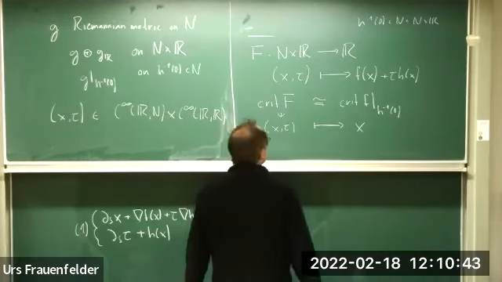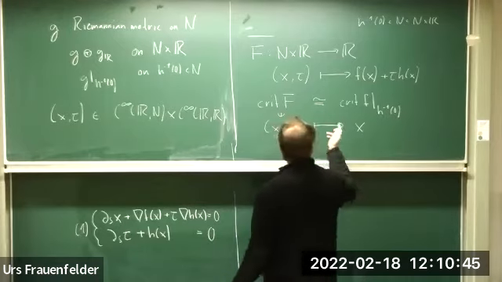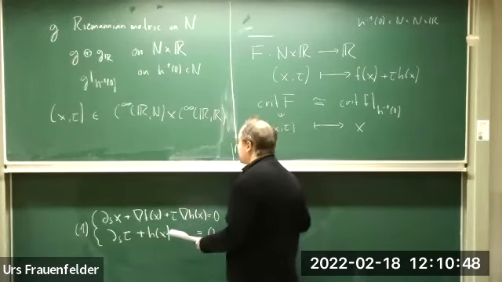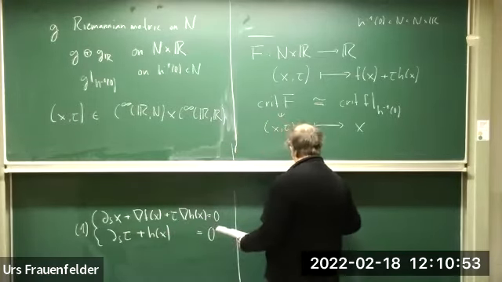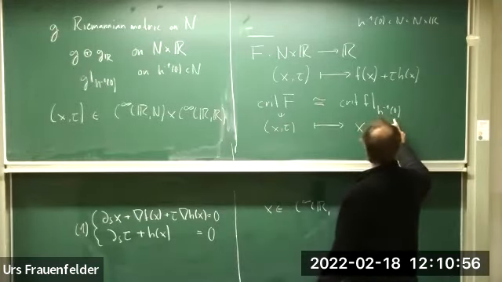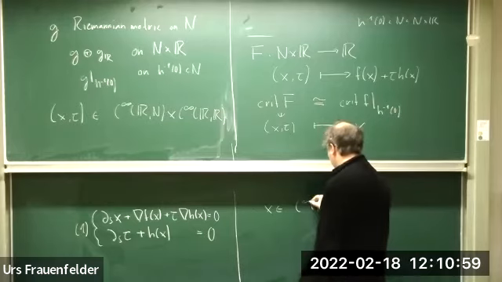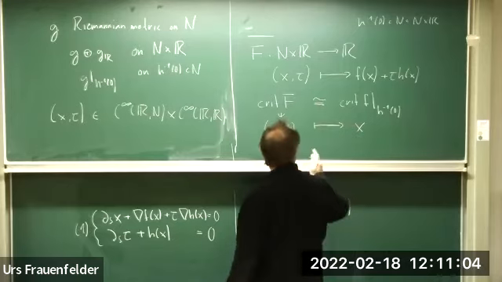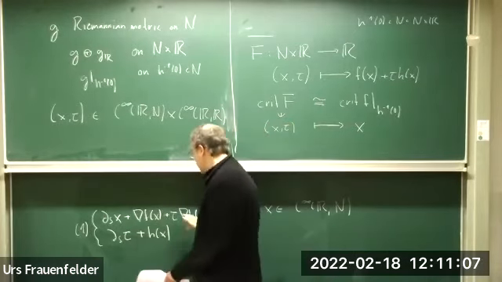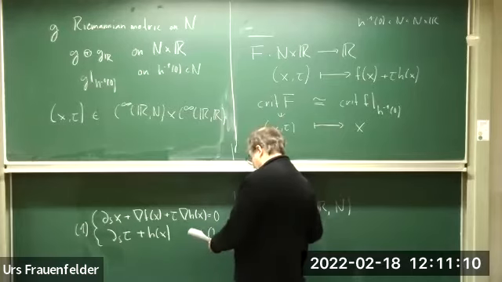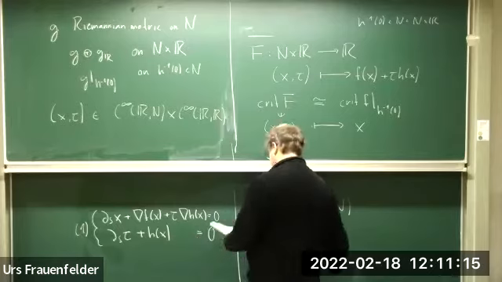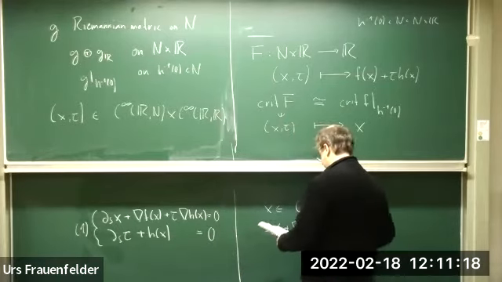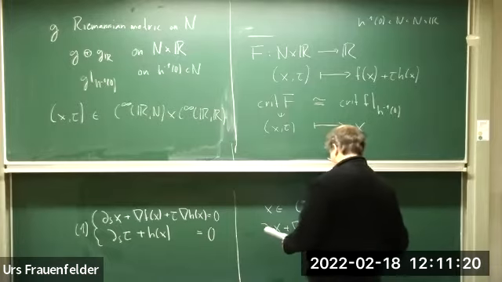So in this case, we have just x, a smooth map to H inverse of 0, but H inverse of 0 is in N, so I write this as a smooth map from R to N. The first equation does not change, so we have ∂_s x plus nabla f(x) plus tau nabla h(x) equals 0.